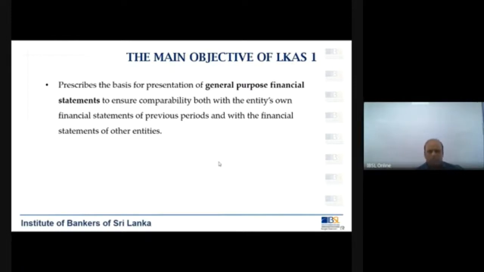Now, since you all are in the banks, you must know that banks are required to publish their financial statements once in every quarter. Until you publish your financial statements in the newspapers or on your website, in any form, the shareholders, that is the owners of your company, or any other user, cannot see them. We have already learned in our first topic who the users of financial statements are.